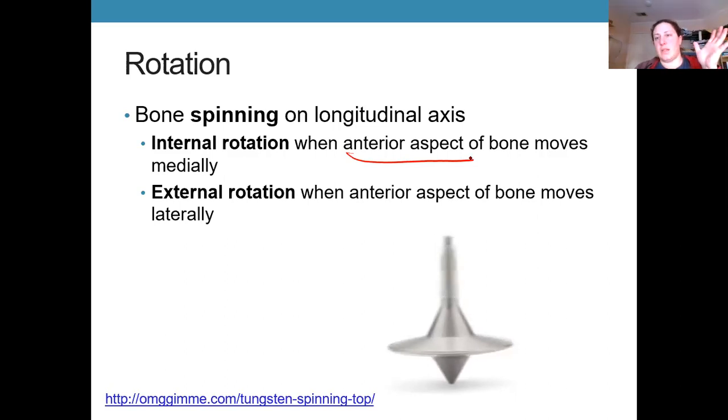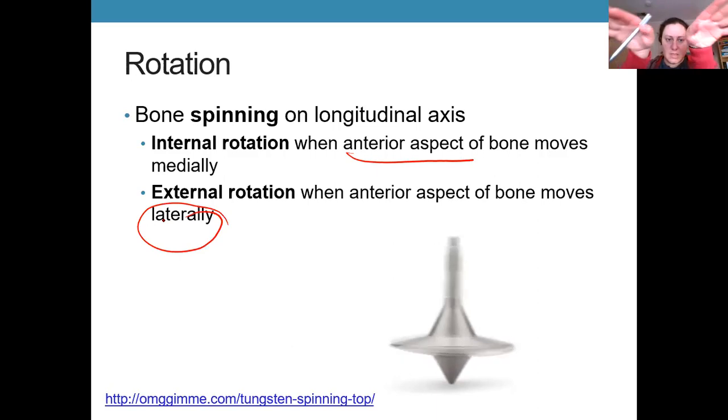That's like when you're standing in the anatomical position and you make your toes move towards each other, you would be internally rotating both your legs. And then external rotation is when the anterior aspect of the bones moves laterally. Like if you wanted your heels to touch and your toes to point outwards, that would be external rotation of your legs.